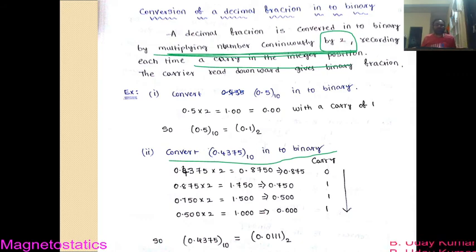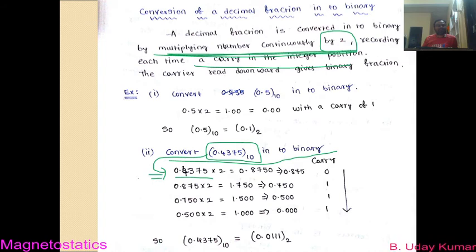Let us take 0.4375 to the base 10. I just want to convert it into binary. To do that, we just multiply with 2 now. So 0.4375 into 2, how much do I get? I write it on the left hand side for your convenience.